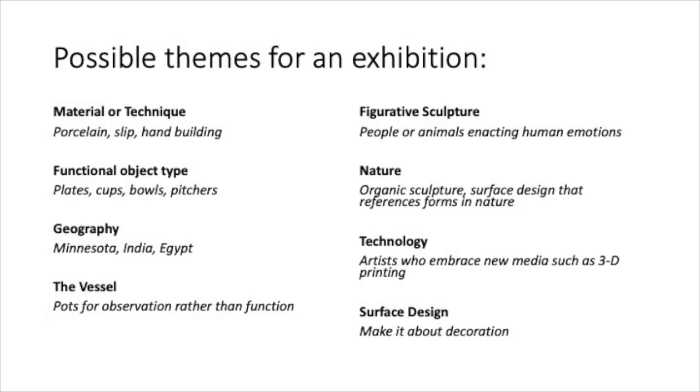You could do a show about nature. There's a lot of organic sculpture and things that reference nature in ceramics. There's technology, which is also going to be a little harder to research. But there's a lot of artists that are using new media like 3D printing, or you can make it about surface design. So these are possible themes, but this is just the beginning of all the kinds of shows that you could curate. So coming up, I have some examples of shows to give you.